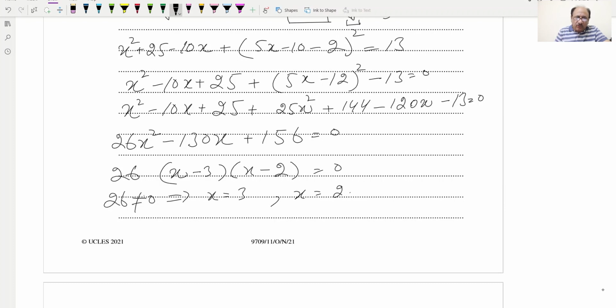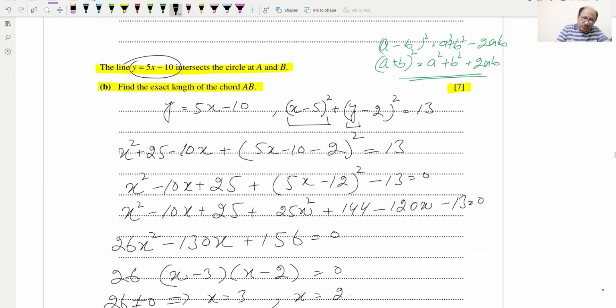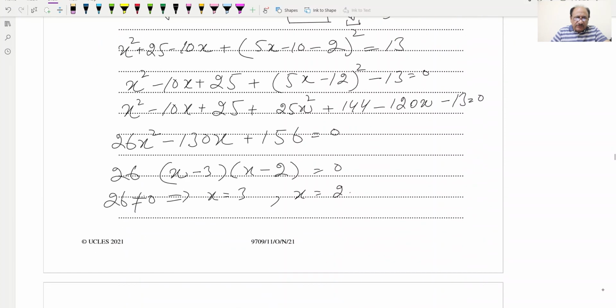These are the two values. Now we can find the y values. To find the y value, we can use the given equation, y is equal to 5x minus 10. So at x is equal to 3, y will be equal to 15 minus 10, which is equal to 5.